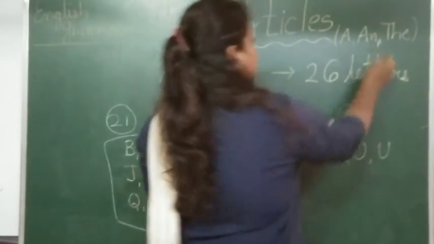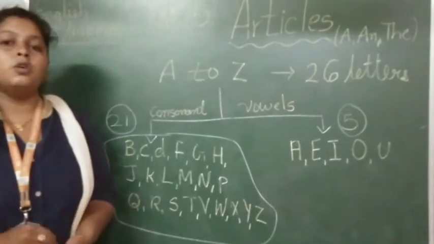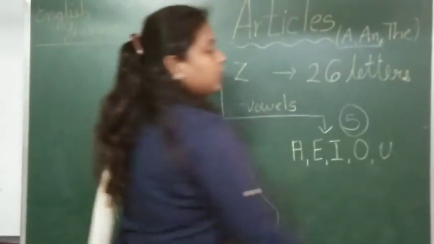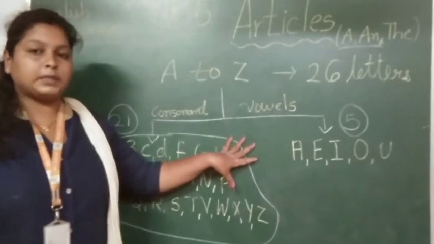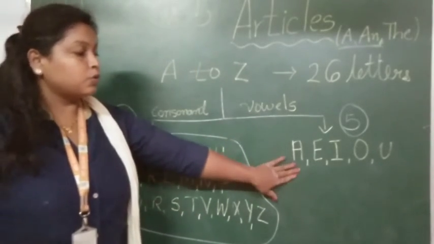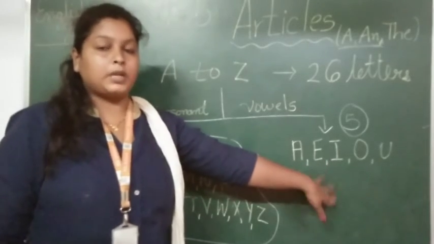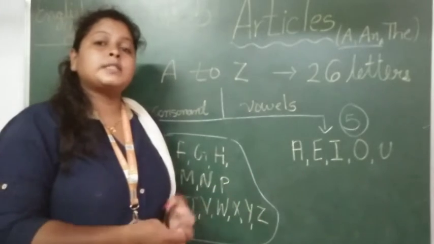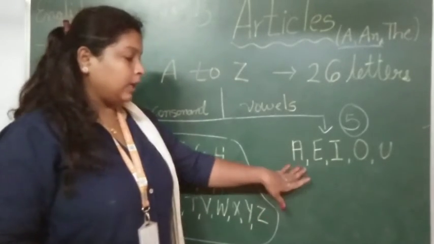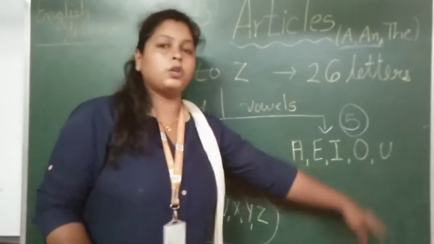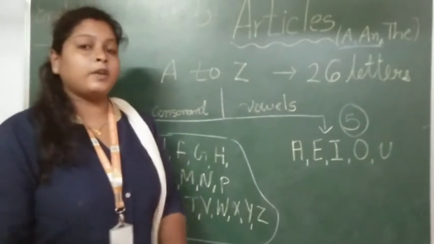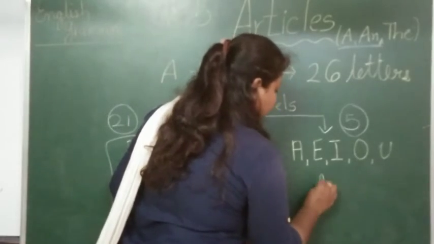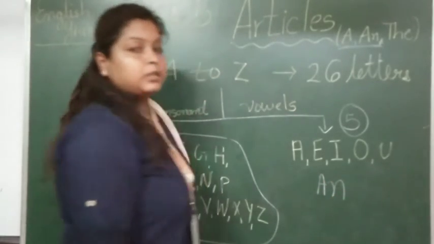We have written here 3 articles: A, AN and THE. So A and AN, these both articles are based on the alphabet, right? How? Wherever the vowels come, that means A, E, I, O and U, if a word starts with the vowel, before that you just have to write an article.